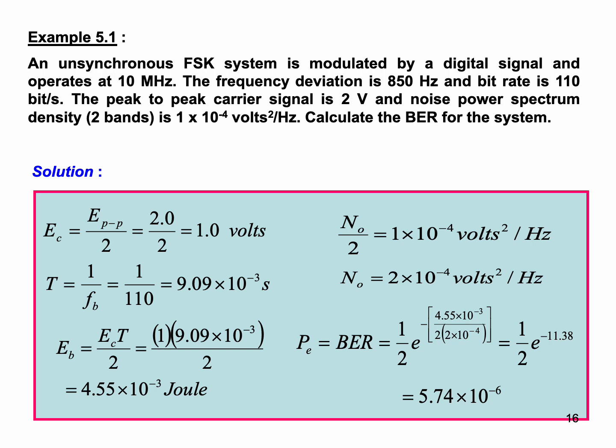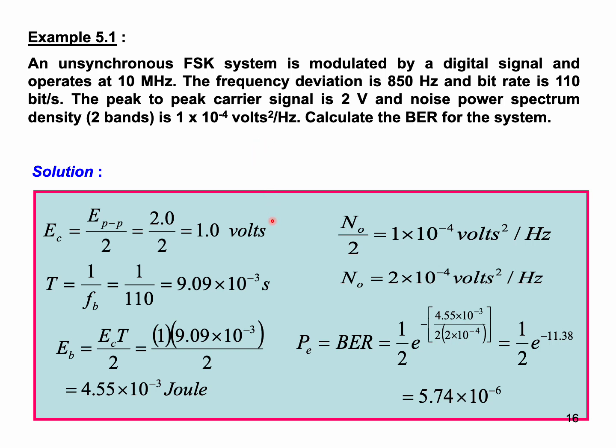Let's apply this to a practical example. Consider an unsynchronous FSK system operating at 10 MHz with a frequency deviation of 850 Hz and a bit rate of 110 bits per second. We are given the peak-to-peak carrier signal is 2 V, and the noise power spectral density is 1 × 10^-4 V²/Hz.